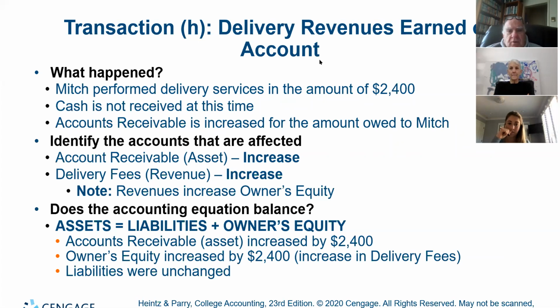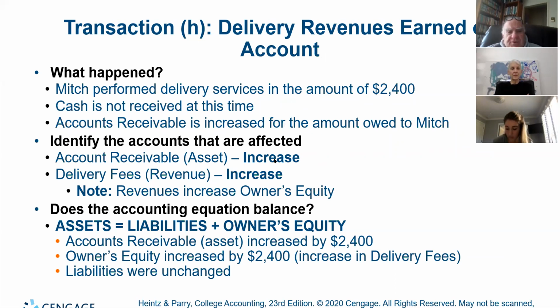Which one is affected here? We sold something. That's accounts receivable. This customer now owes us $2,400. Cash wasn't received yet. So that asset cash can't be increased, but accounts receivable can be.